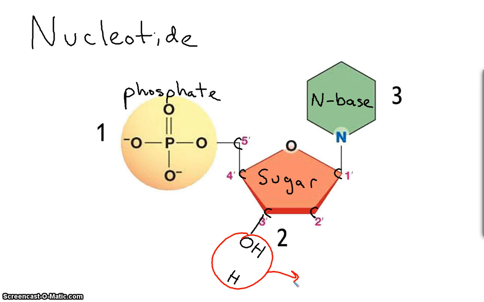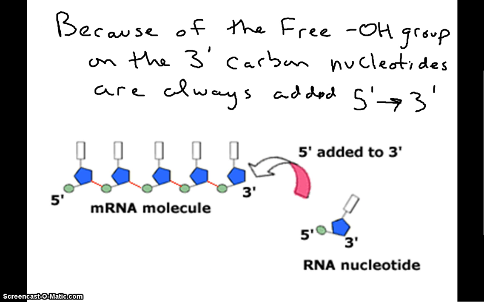You need to recognize the nucleotide structure and know that there are 5 carbons. When we talk about 3' and 5', is it the 3rd carbon right there at the bottom, or the 5th carbon here at the top that has the phosphate attached to it?